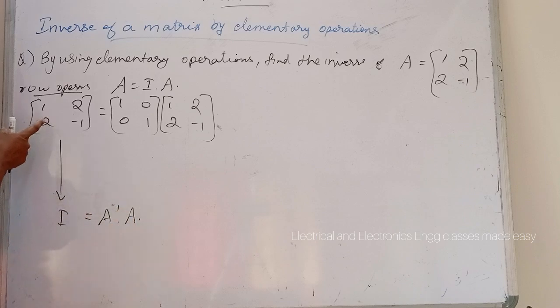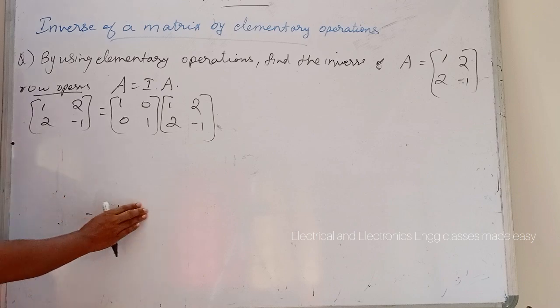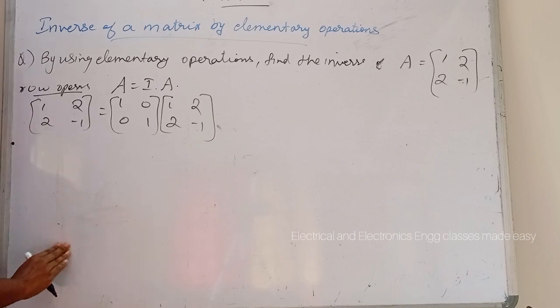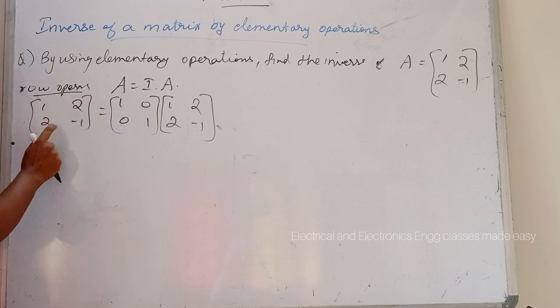So for that, here this matrix we have to change into I matrix. So I matrix means it is [1, 0; 0, 1]. So here we have to make this one [1, 0; 0, 1]. So here 1 already there.